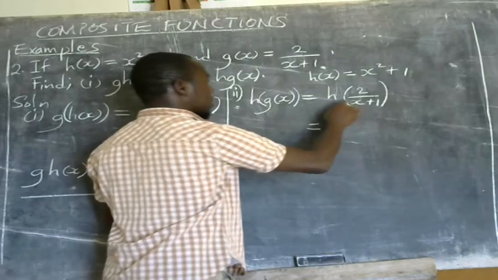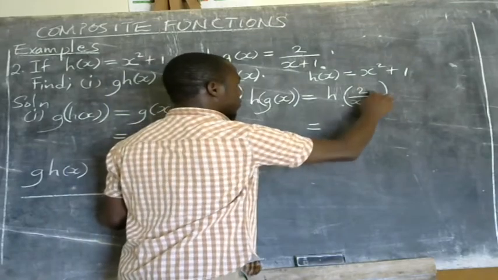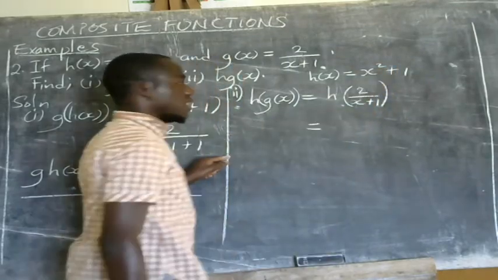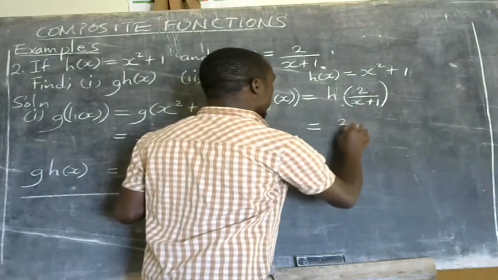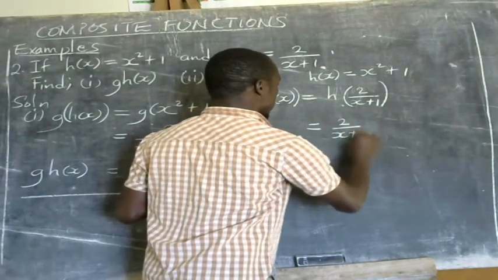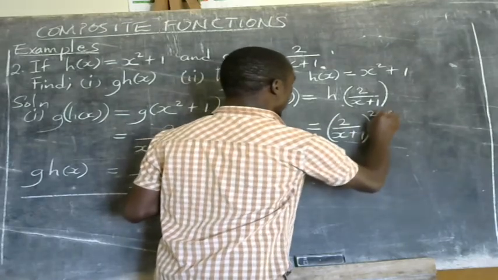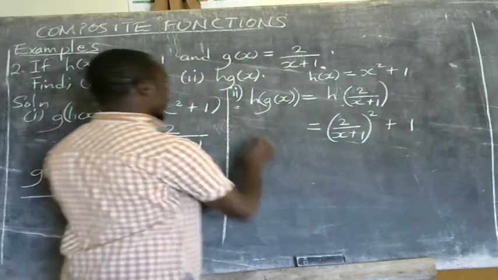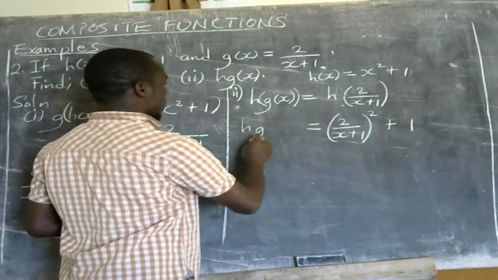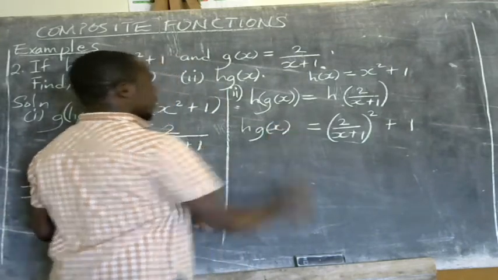So I'm going to get the whole of this to substitute the place of x there. So this is going to be 2 all over x plus 1 squared. Then there's a plus 1 there as my h of g of x.